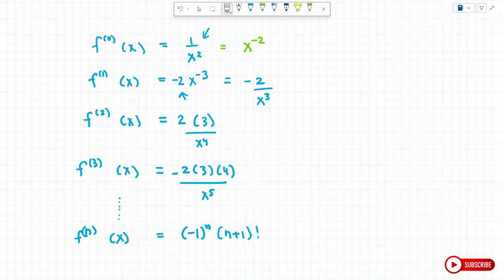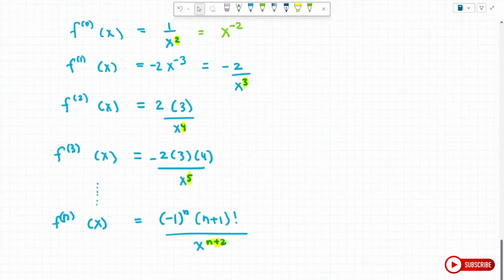So that is indeed n plus 1 factorial, and then we are going to divide this by x to the power of n plus 2. We can see that clearly here because for our first one, we've got 0 plus 2, which is 2. Then 1 plus 2, which is 3. Then over here 2 plus 2, which is 4. 3 plus 2, which is 5. So that indeed gives us our x to the power of n plus 2.